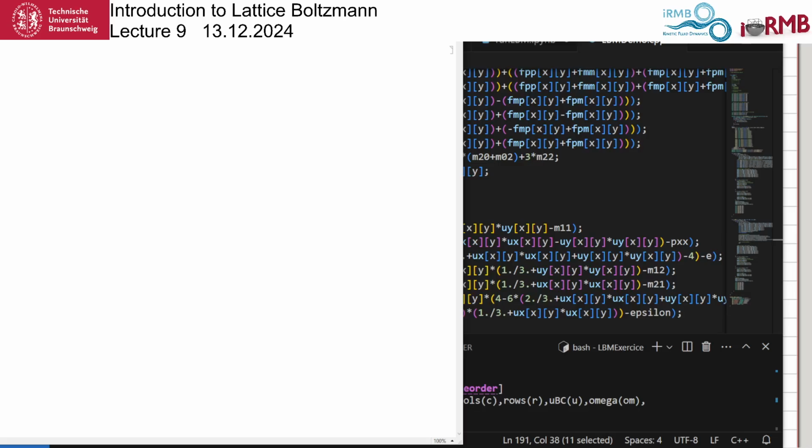I mean, this is how it's usually done. No, this is the wrong bracket. It's the wrong bracket again. So what we are looking for, M20 and M02, right? And you can do this by hand, but that's okay.